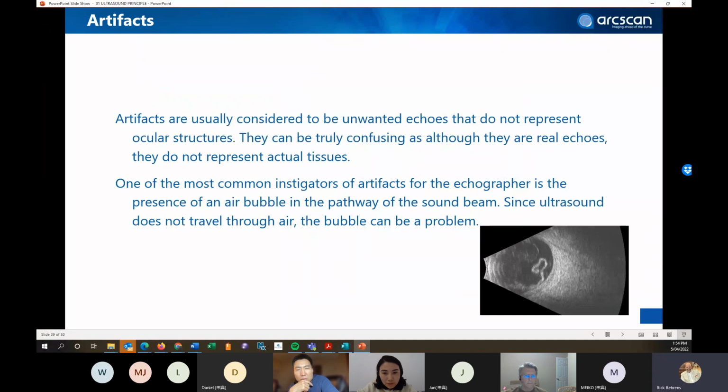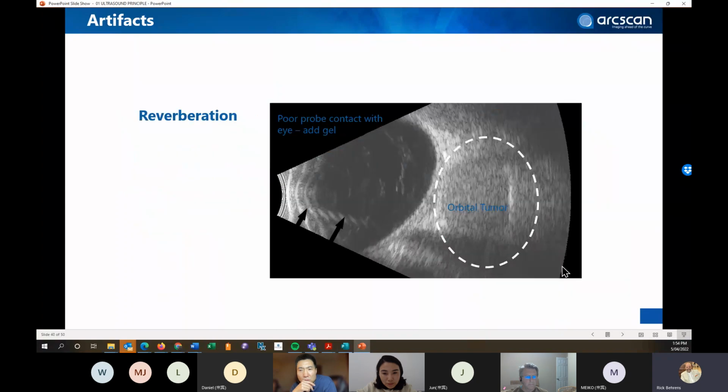If Meiko decides to leave a piece of plastic in that membrane, it is going to produce an artifact. That artifact is going to produce a shadow, and that shadow is going to cast a weird image inside of the eye. So we always need to find out what is real and what is not.